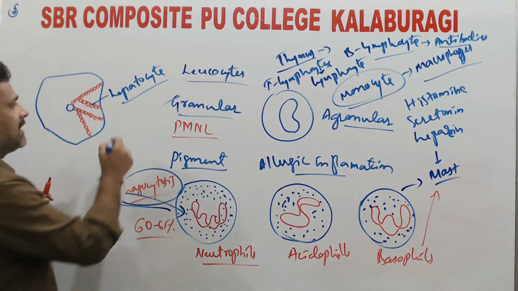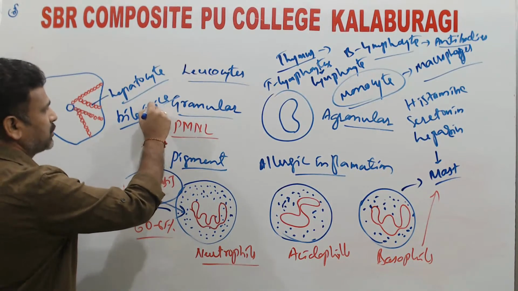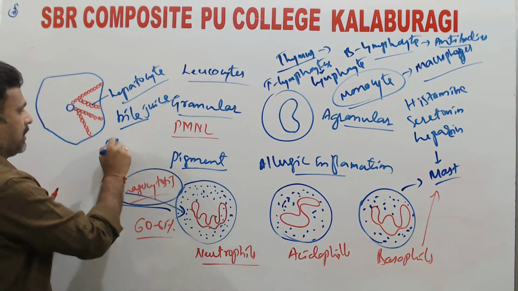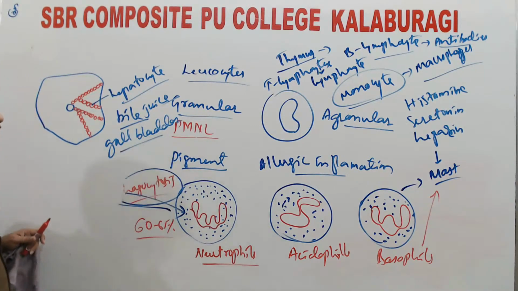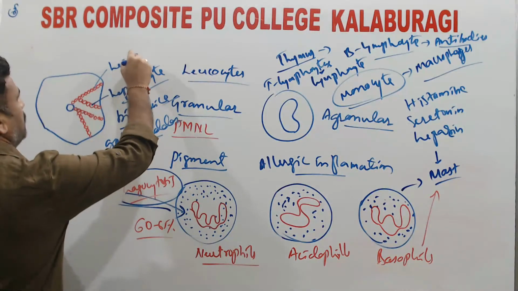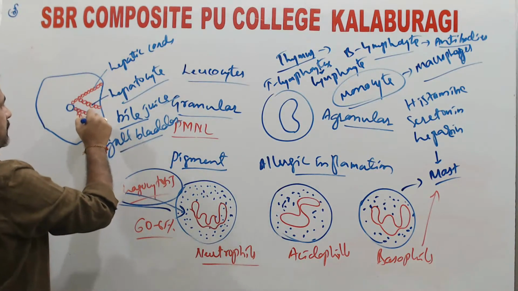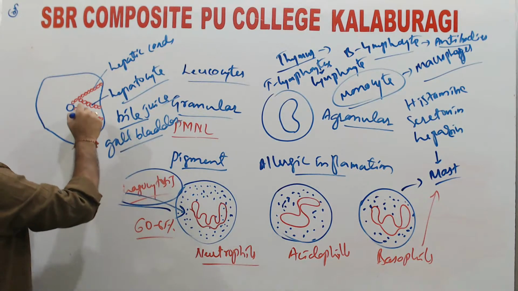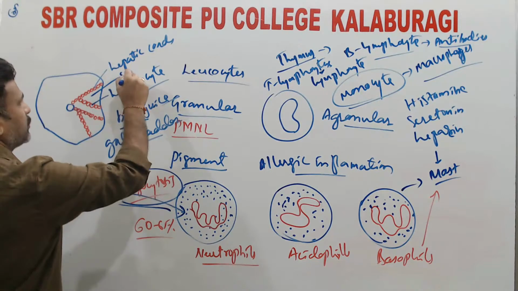So these hepatocyte cells mainly secrete bile juice, which is stored in the gallbladder. But here it is called the hepatic cord. The space present between the hepatic cords is called the sinusoids.